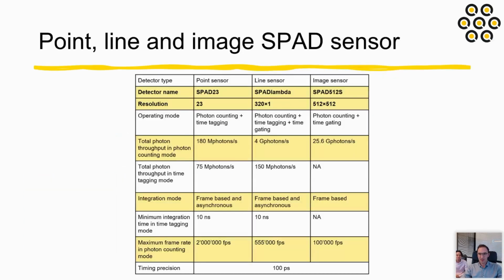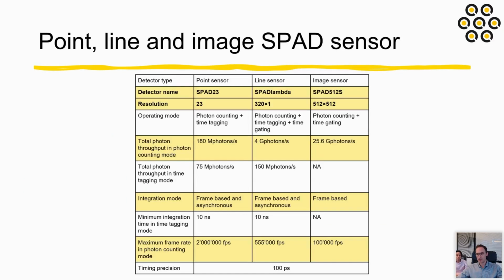If you tabulate the products, we have a point detector, SPAD23, a line sensor, SPAD lambda, and an image sensor, SPAD 5 square. They differ a bit in what they offer as operating modes. All of them have photon counting, so just frame-based readouts where you get the photon counts. And then the point and line sensors have time tagging, as explained before.